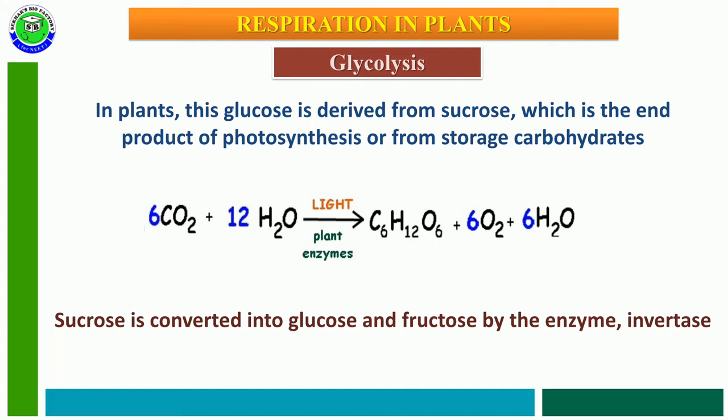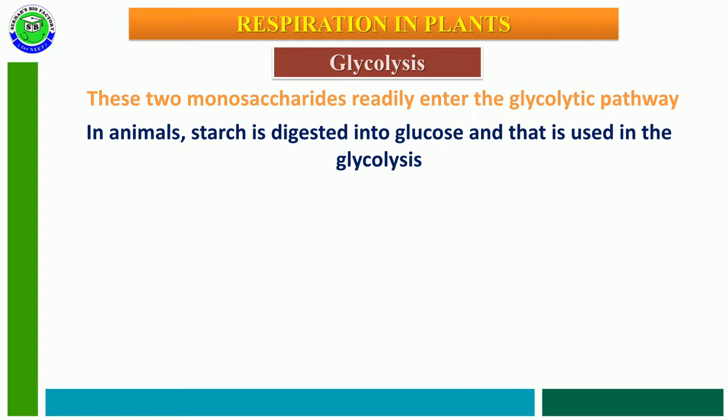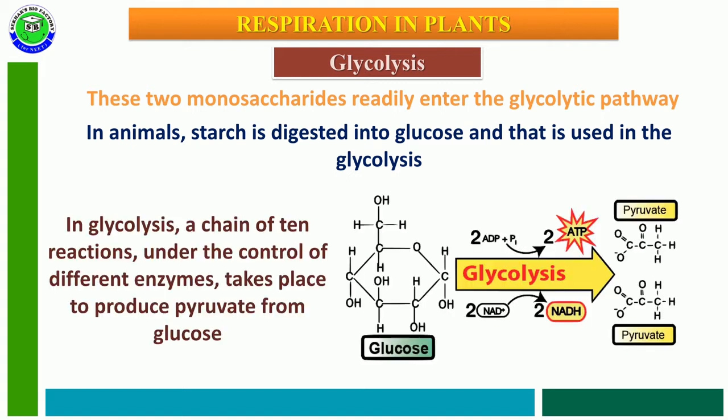Sucrose, which is synthesized in photosynthesis, is converted into glucose and fructose by an enzyme called invertase. These two monosaccharides are ready to enter the glycolytic pathway. In animals, starch is digested into glucose and then this glucose can be used in glycolysis.